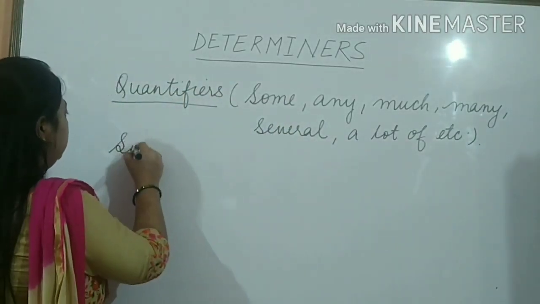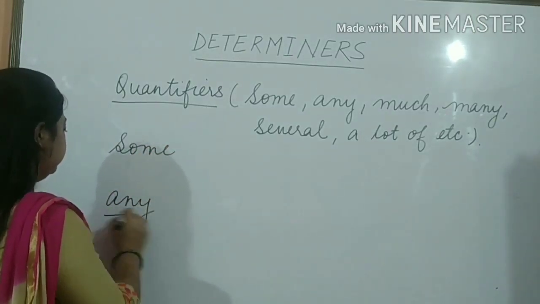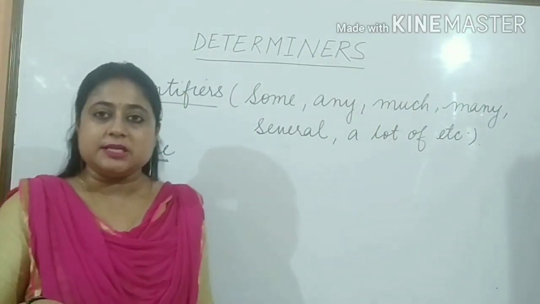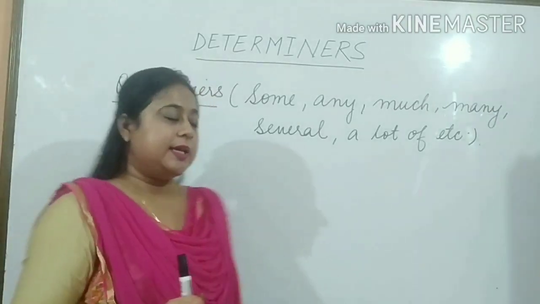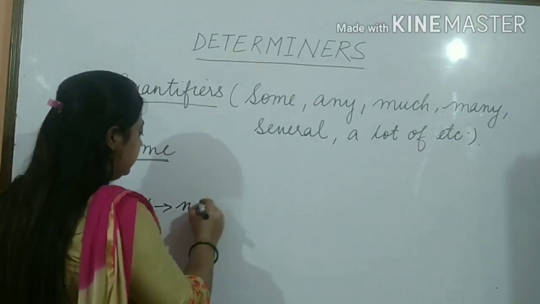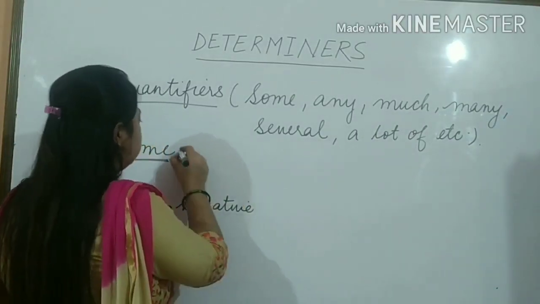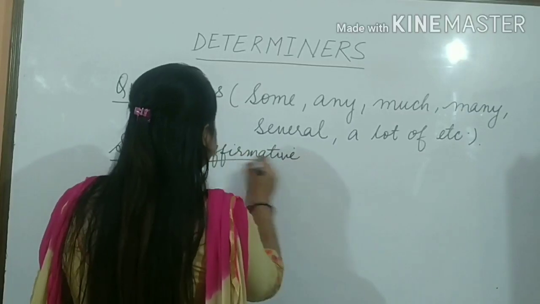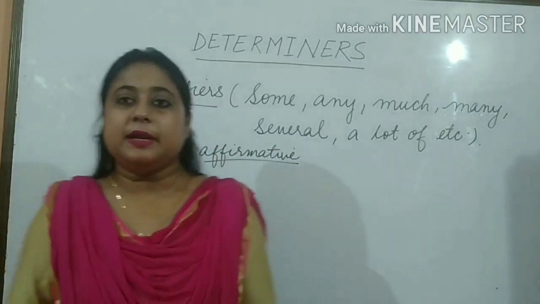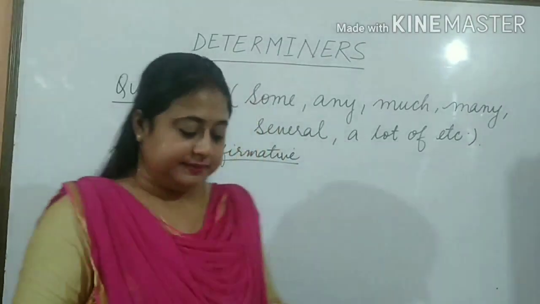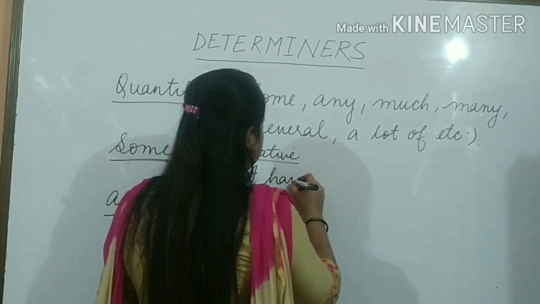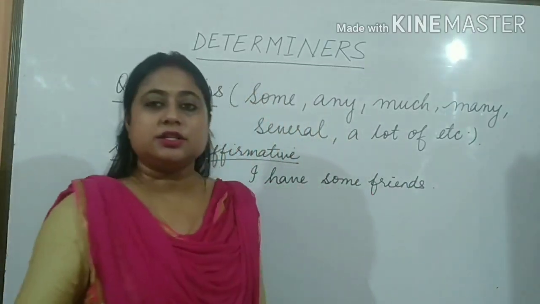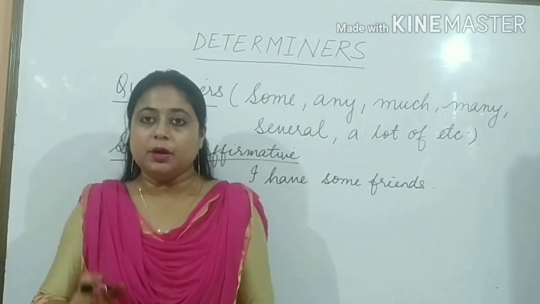So first see some and any. If I say I have some friends, it is used in a positive manner, that I have some friends.